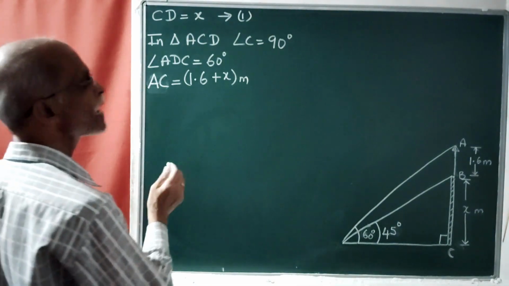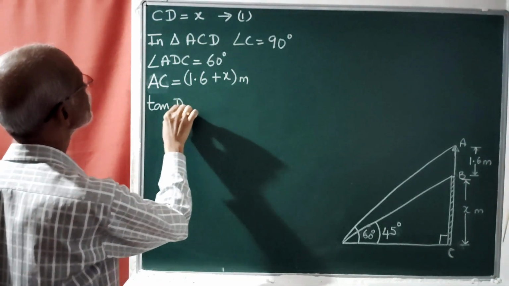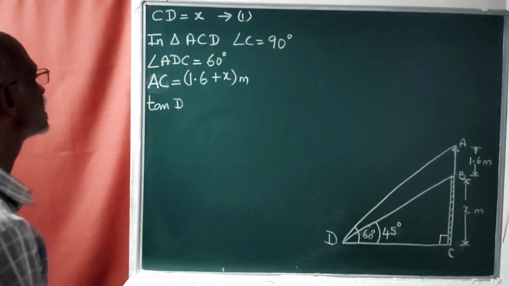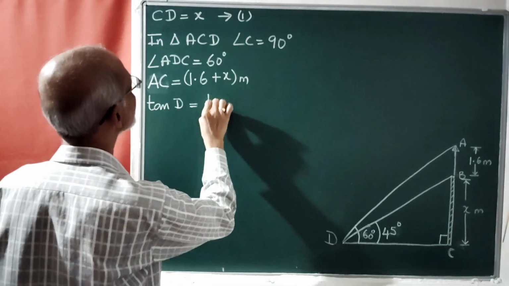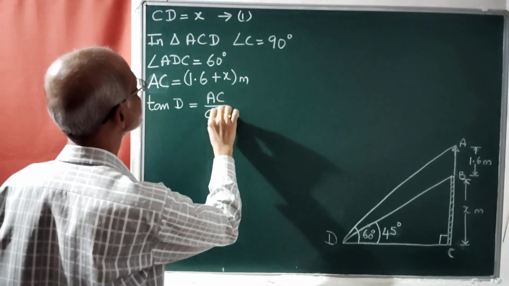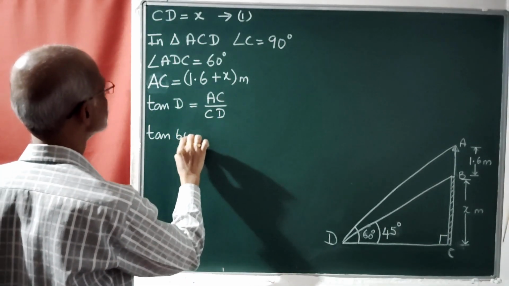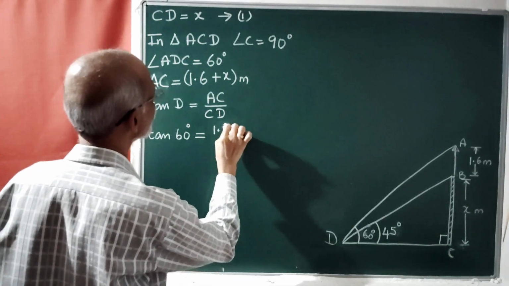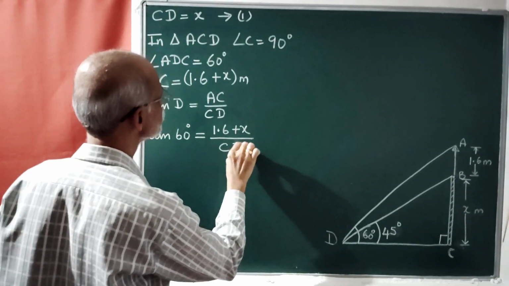Now tan D is equal to AC by CD. So tan 60 degrees is equal to AC, which is 1.6 plus x, by CD.